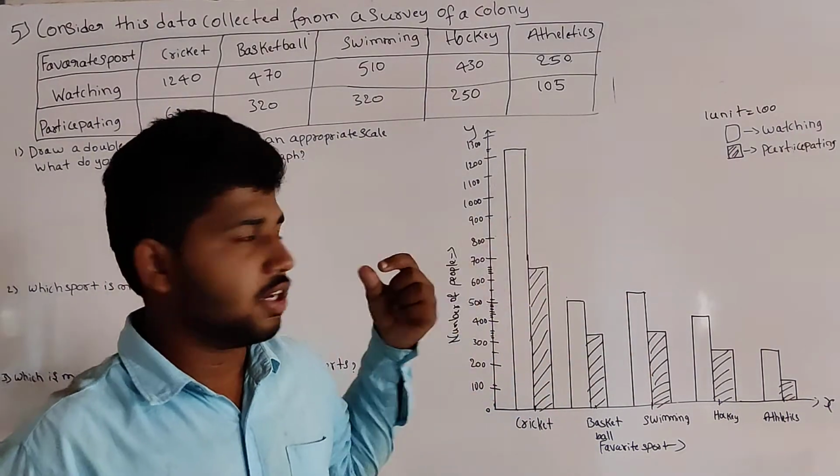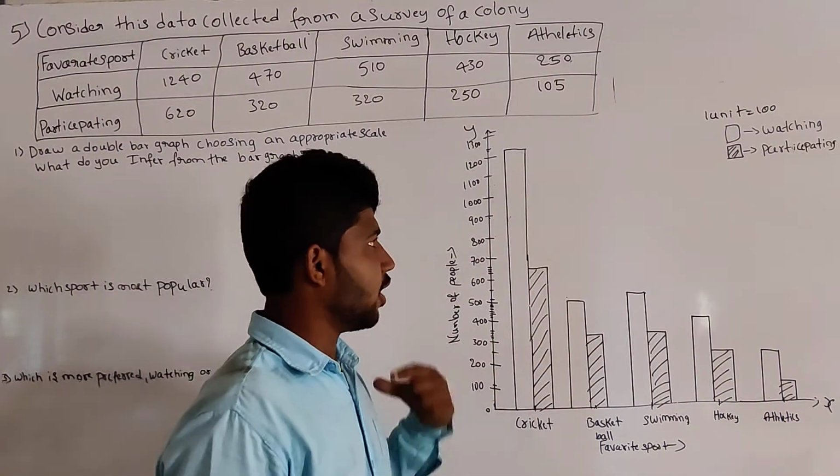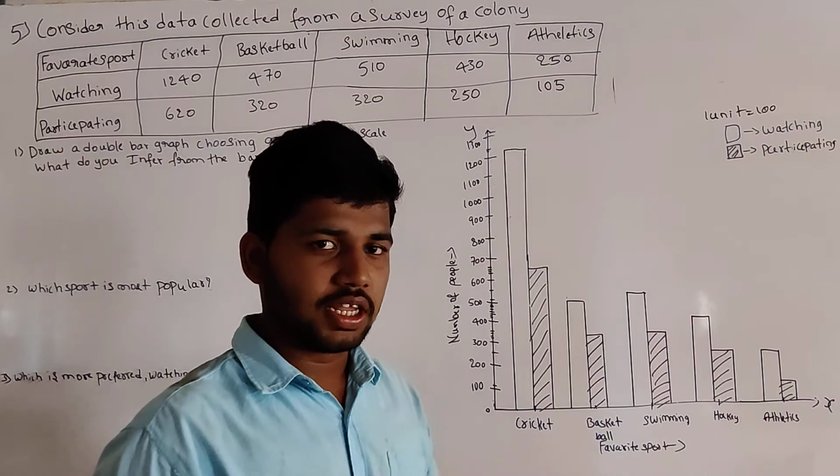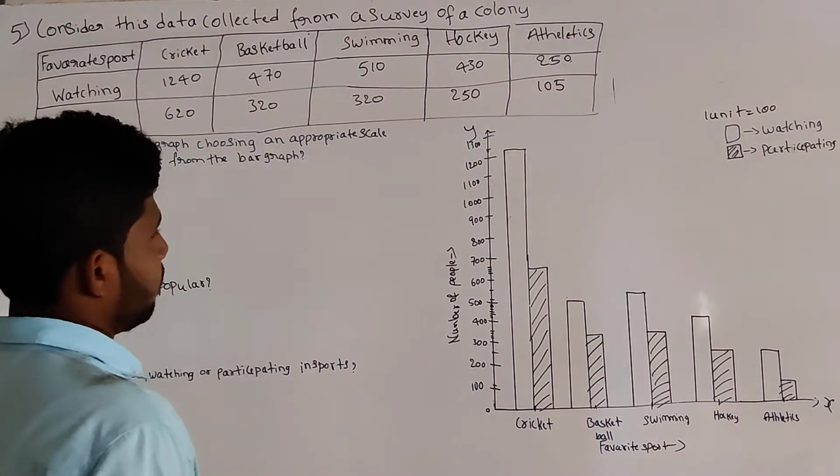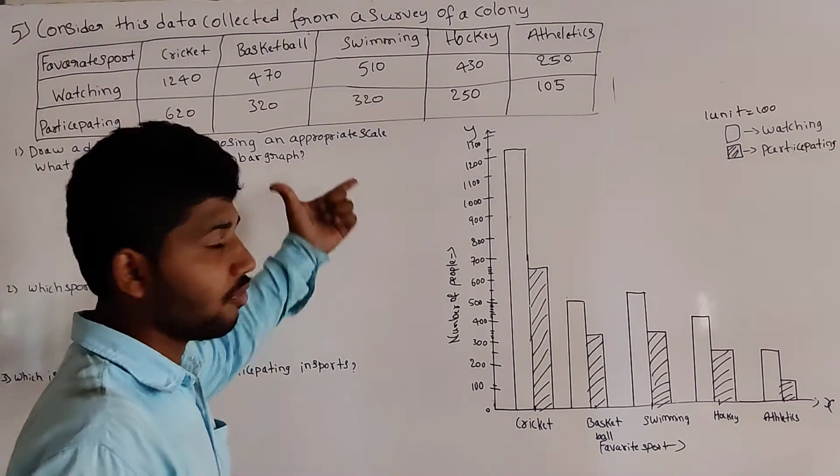The blank portion indicates the people watching the games, and the shaded portion indicates the people participating in each game. And we have already drawn the graph according to the given data.